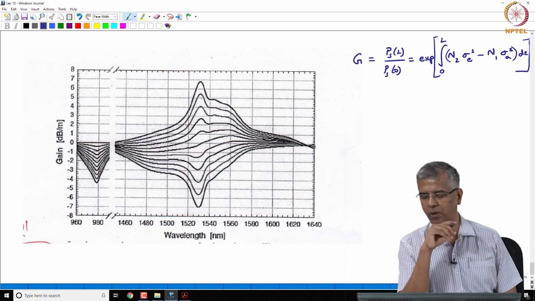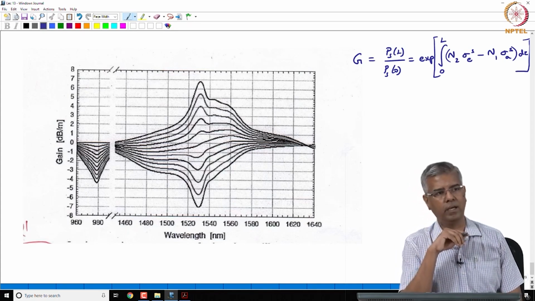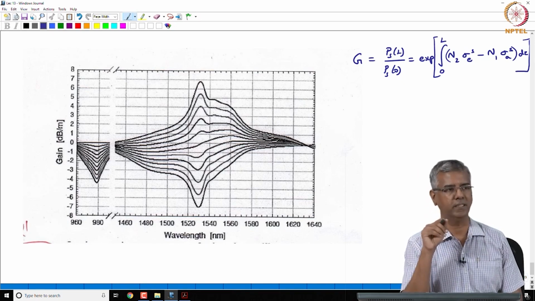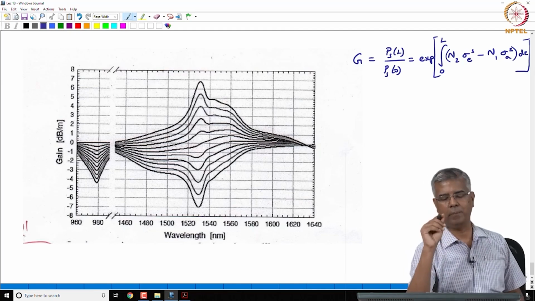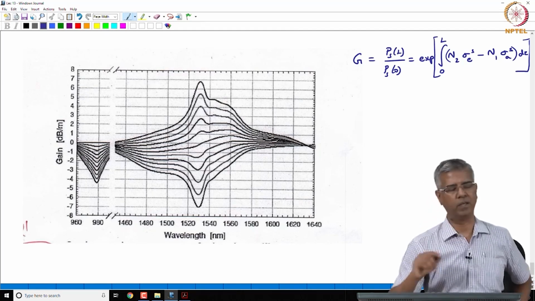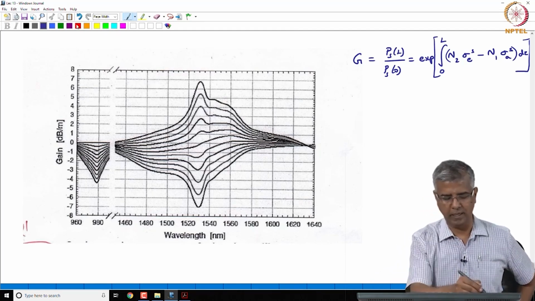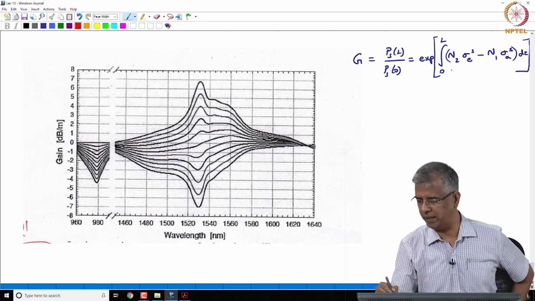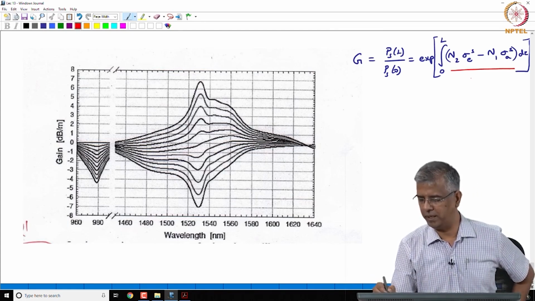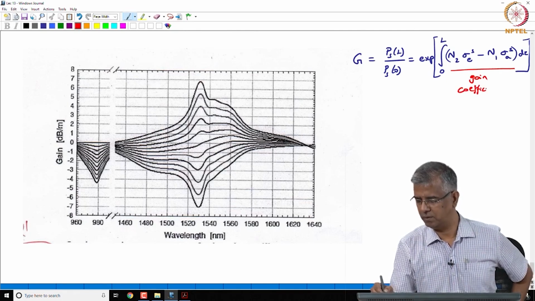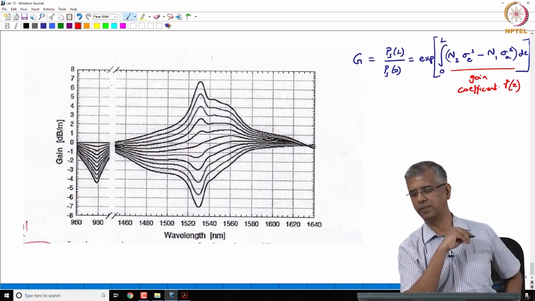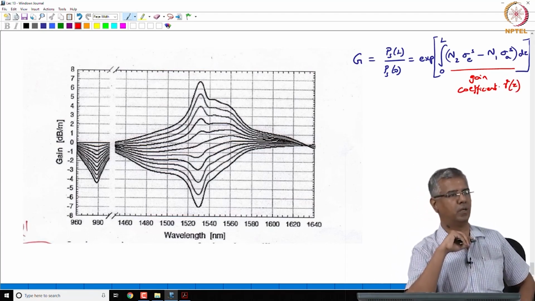So, if I want to have a gain coefficient at any particular point, this would be my gain coefficient. This entire thing now is my gain coefficient, which we previously said corresponds to gamma of z.